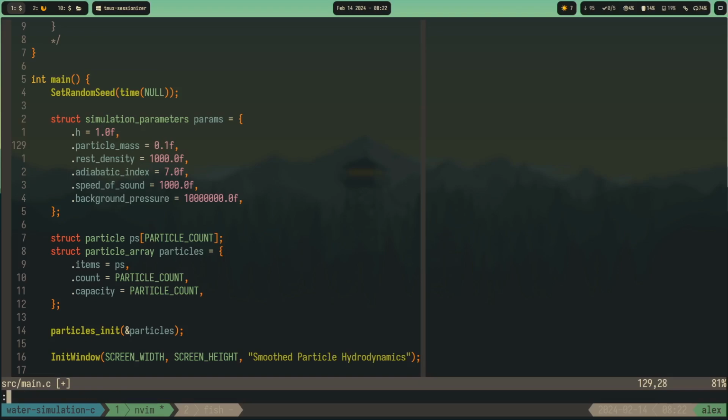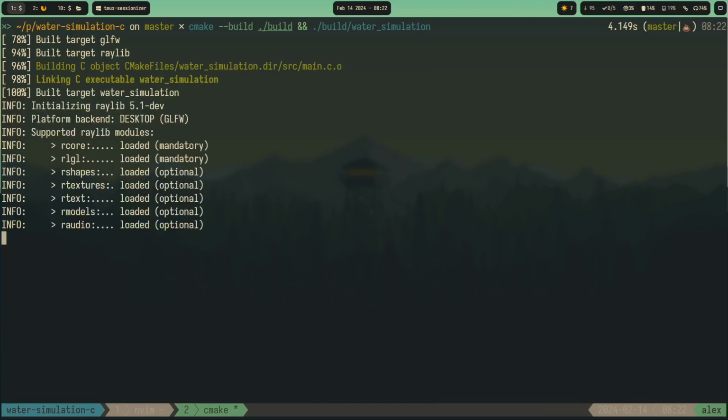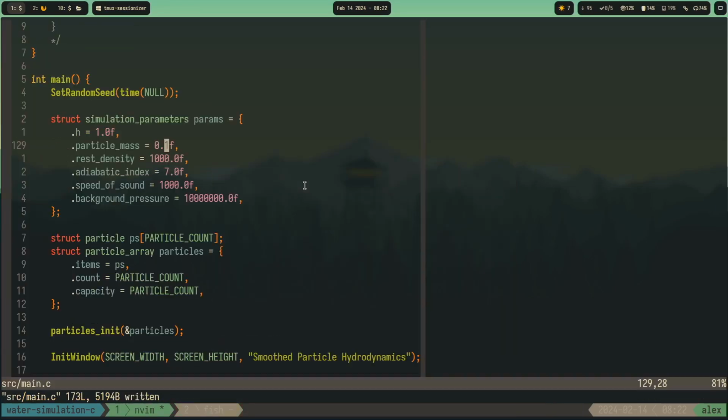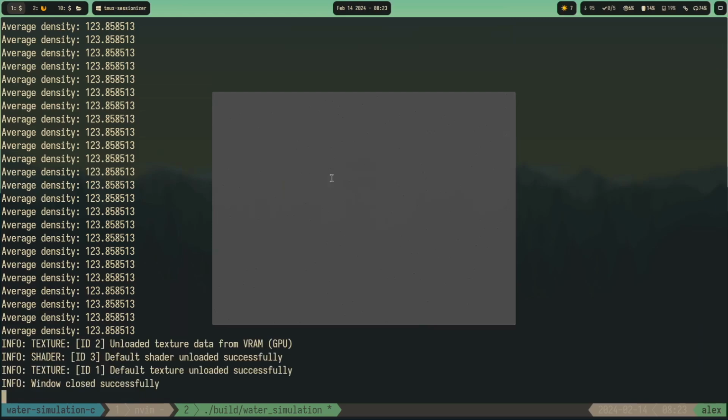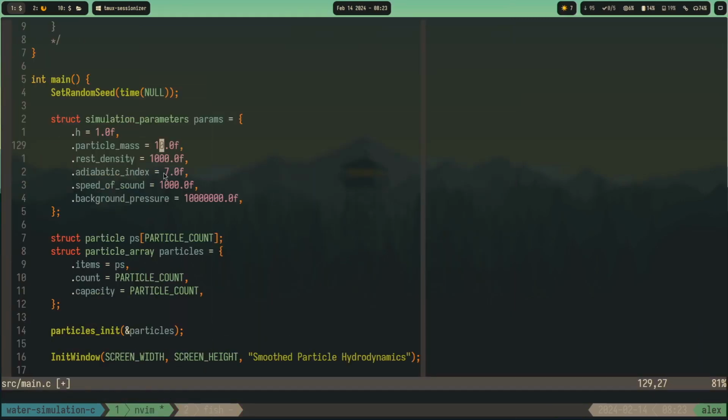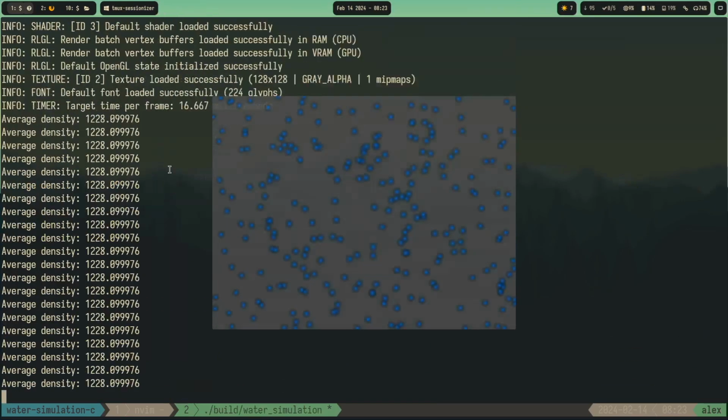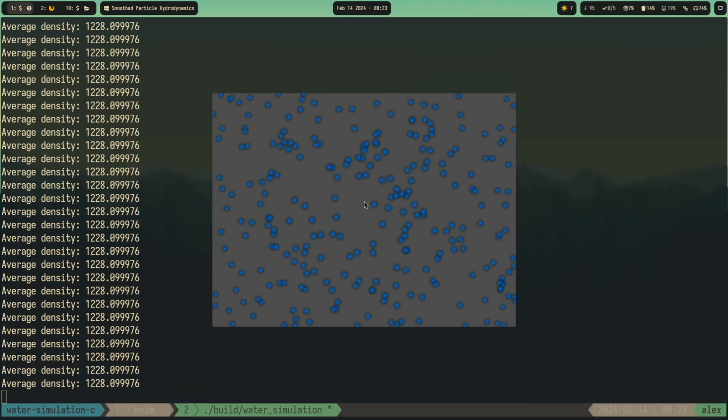If we make the particles smaller size, doesn't look like it changes anything. It actually makes it, let's increase the size then. Okay, I mean, yeah, whatever.